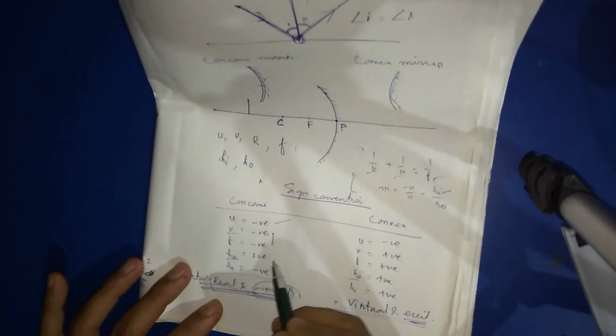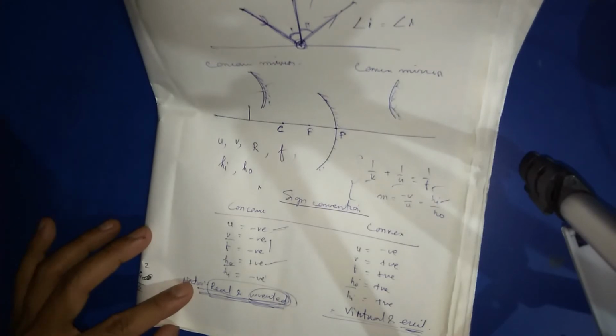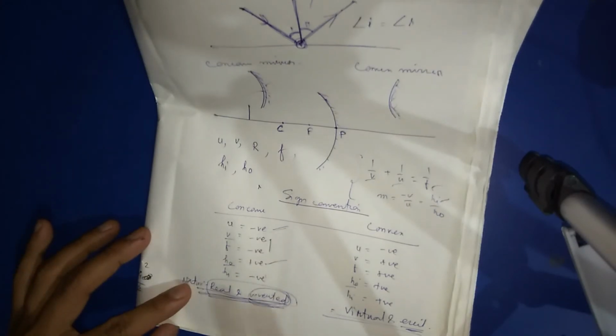For either mirror or lens, u and ho will never change. It will always remain negative for object distance and always positive for height of the object, in any type of mirror or lens. So that is how the convention is.